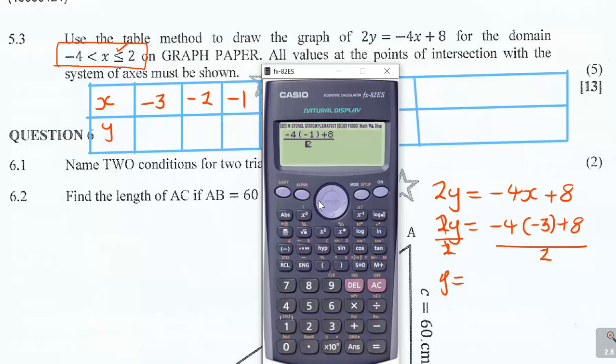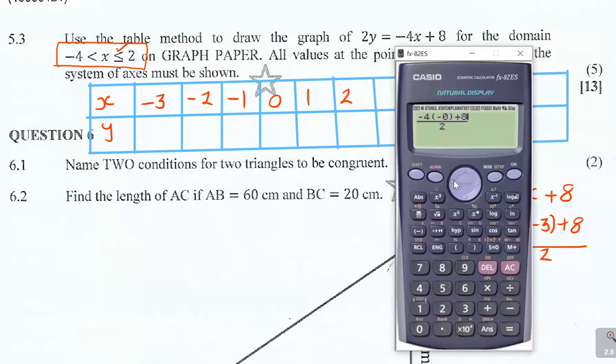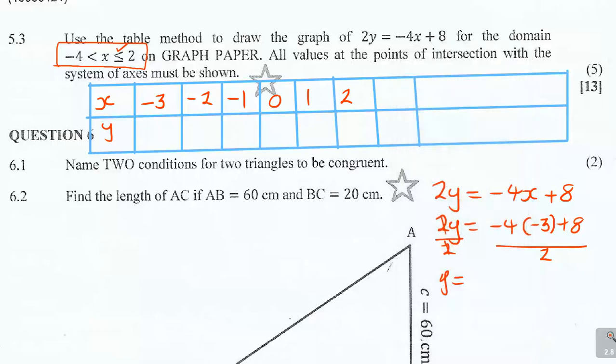So you see that I'm dropping by 2. I'm just trying to save time. 6, put a 0, which is 4, put a 1, it must give me a 2, put a 2, it's 0. So I can actually say 0, 2, 4, 6, 8, 10. That's what we started at.